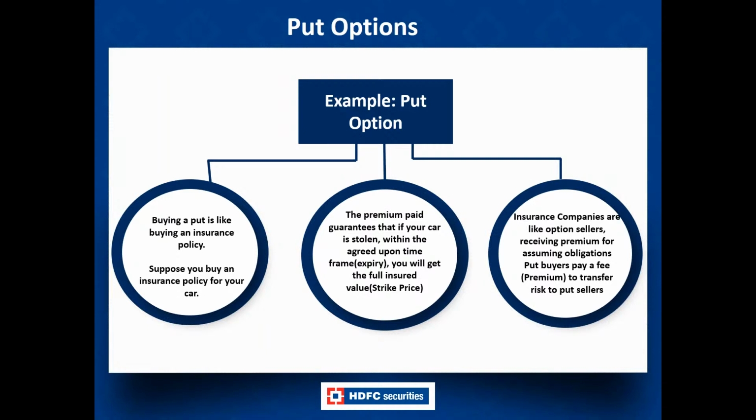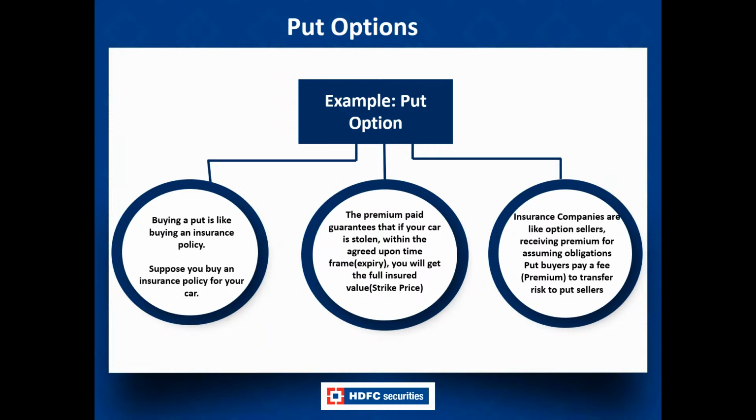Coming back to vehicle insurance, the insurance company will assure that if anything happens to your vehicle, it will compensate. Same thing, suppose you are buying an 18,000 put option. That 18,000 put option is an insurance policy for you that assures that however much Nifty goes below 18,000 level, I will compensate you.